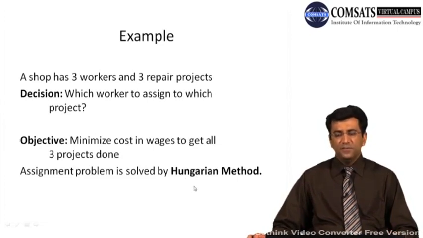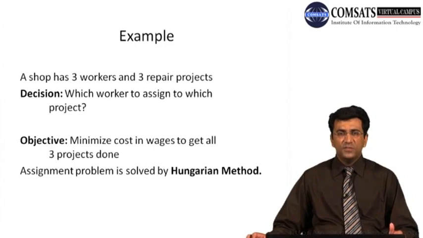Again class, in the last 3 to 4 lectures we discussed the different transportation methods, and we have discussed the different steps involved to find out the minimization of cost or the maximization of profit. In the same way, there are different steps which we will have to follow in the Hungarian method, so that we can find out the optimum assignment of our jobs.